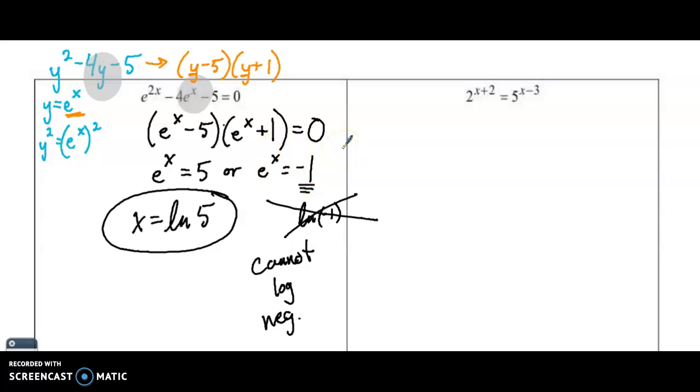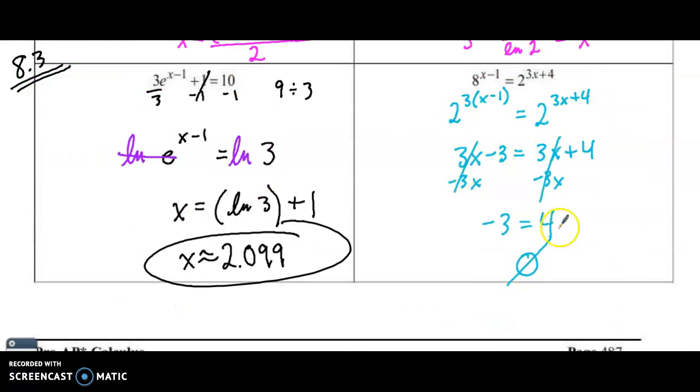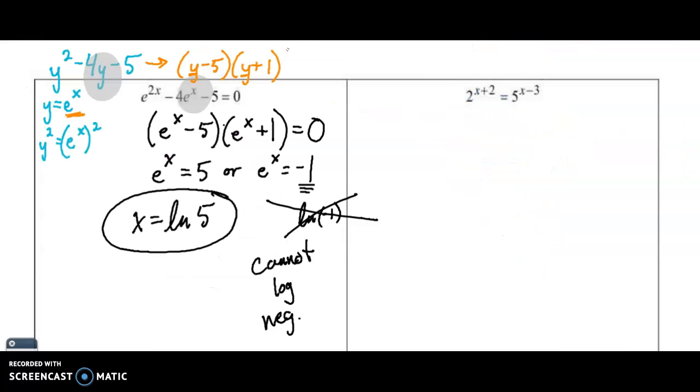All right. So as I look at the next problem, I could have done this problem the same way, but the bases were okay. The bases were the same. So now, as I look at this, it's impossible to get both the bases to be the same. So you have the choice.